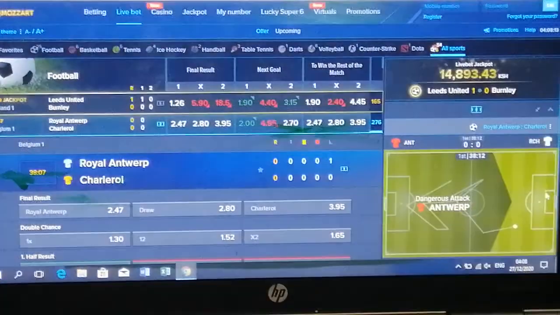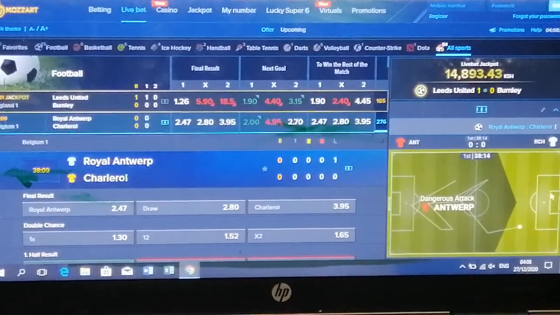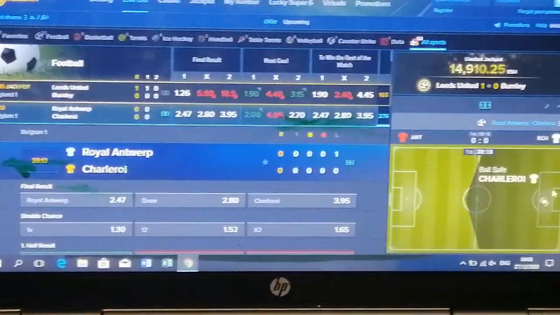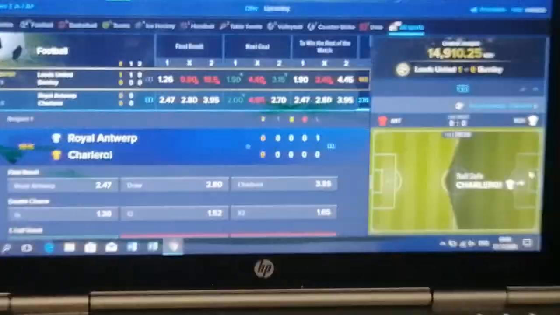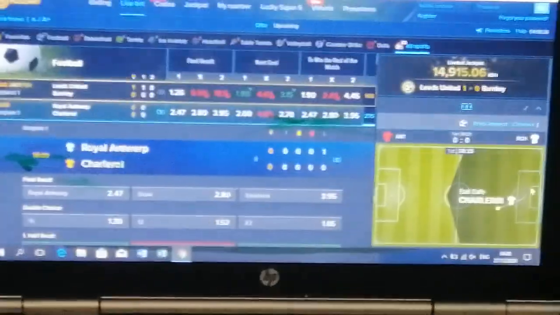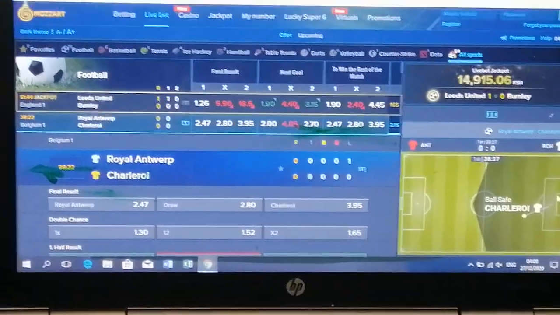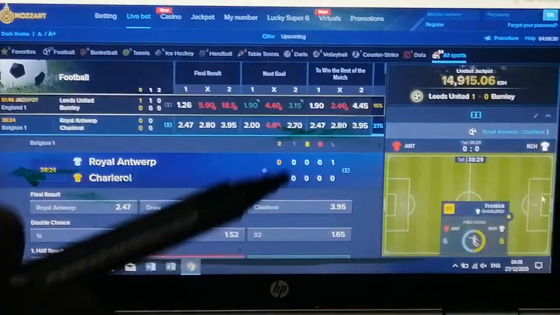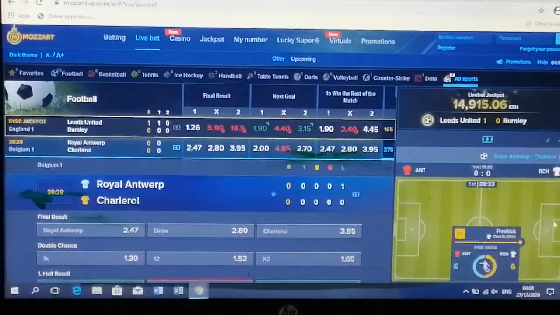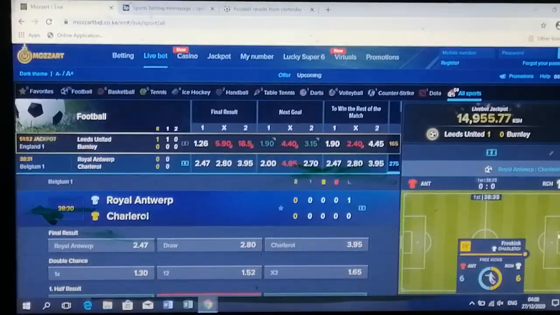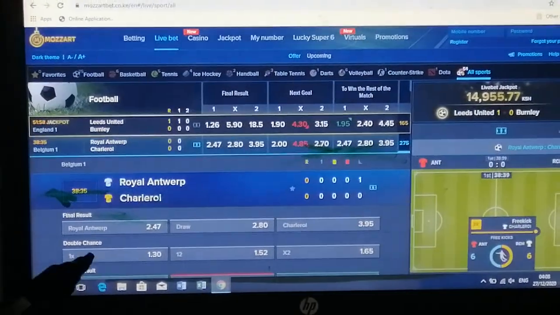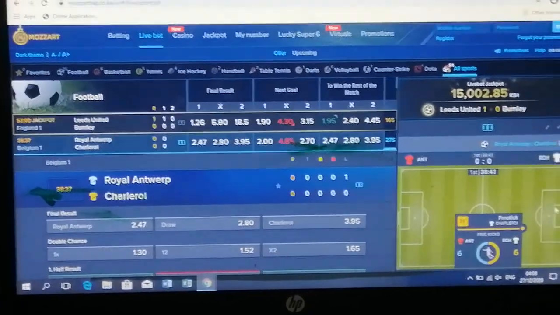This is Belgium. We're going to the final section after the first half, after either a goal is scored or it ends 0-0 in the first half.